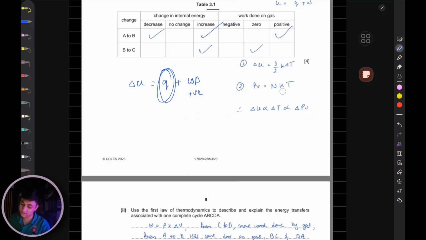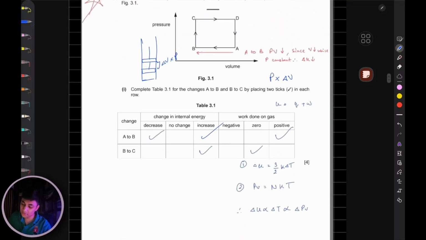Therefore, since your temperature is decreasing over here, your change in internal energy is negative, meaning it decreases. Your internal energy decreases, not increases. Because in this case, thermal energy is actually going out of the system, negative Q, which is why overall the value of delta U is negative.